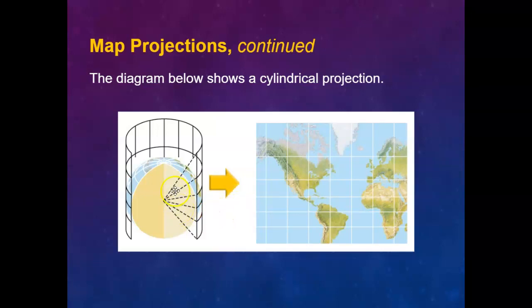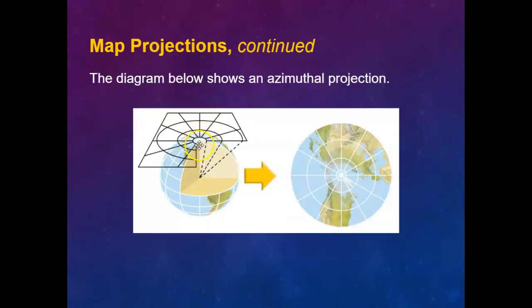Maps like these are made by taking a piece of paper and wrapping it around the Earth in different ways. One way is shown here. You can wrap the map around the Earth all the way around. You could also wrap your map around the Earth like this, where you just put one particular piece of your paper directly on one piece of the Earth and you draw what you see.